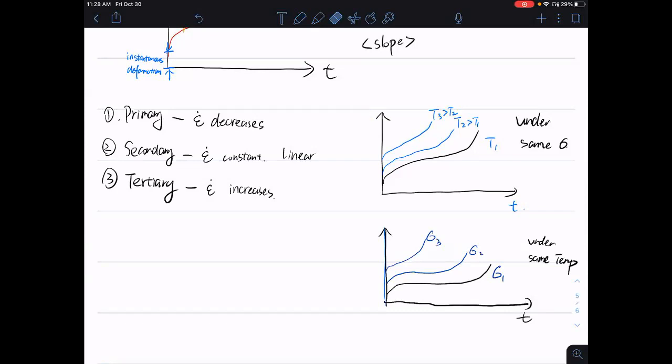The vertical direction, it's strain instead of stress. That tells you whenever you increase stress or temperature, it's bad. And it increases the risk of creep failure.